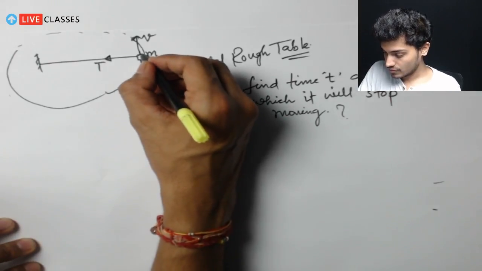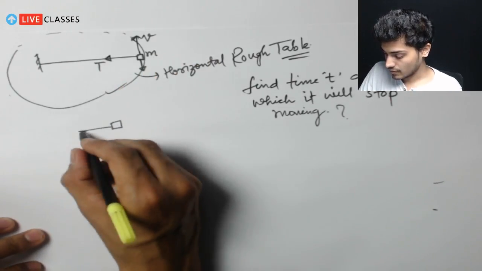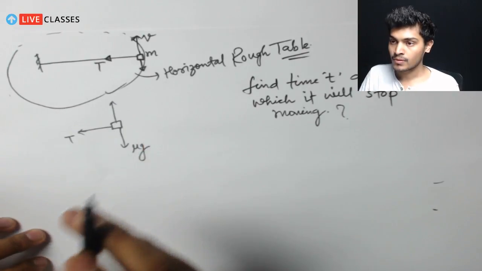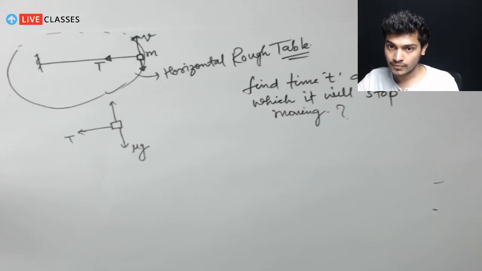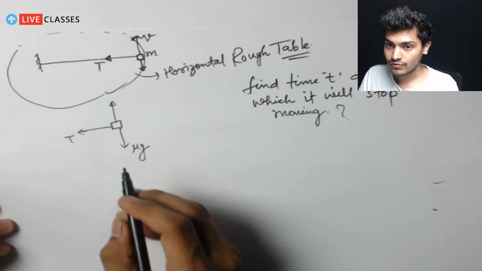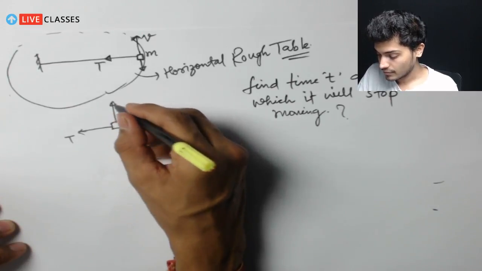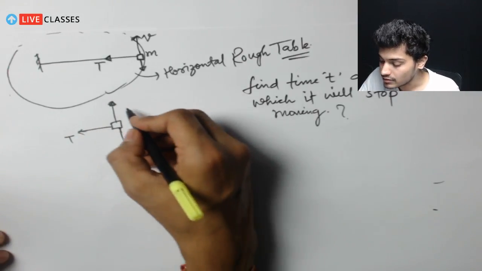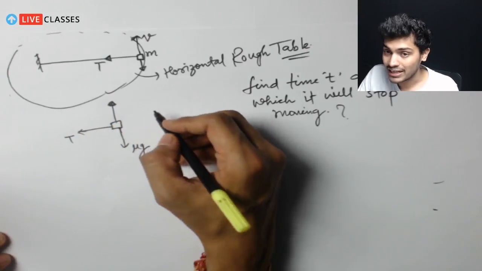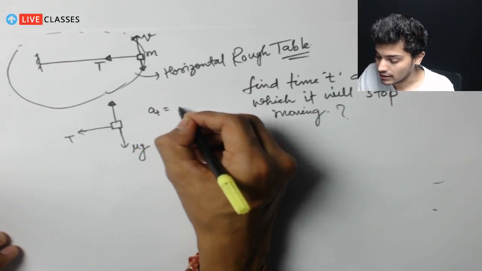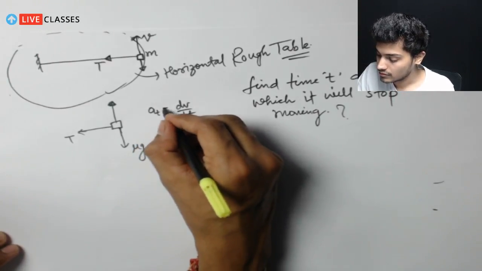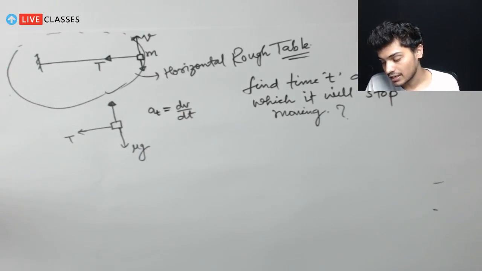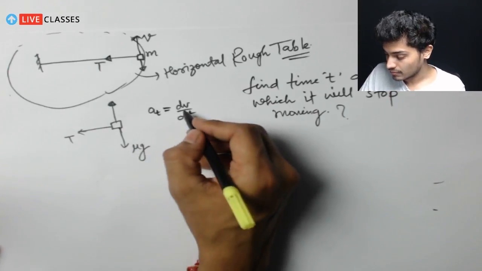Here friction will act in this direction, because we have given velocity v, so some tangential acceleration will act upon this as dv upon dt, and the tension will provide the centripetal acceleration to this block.